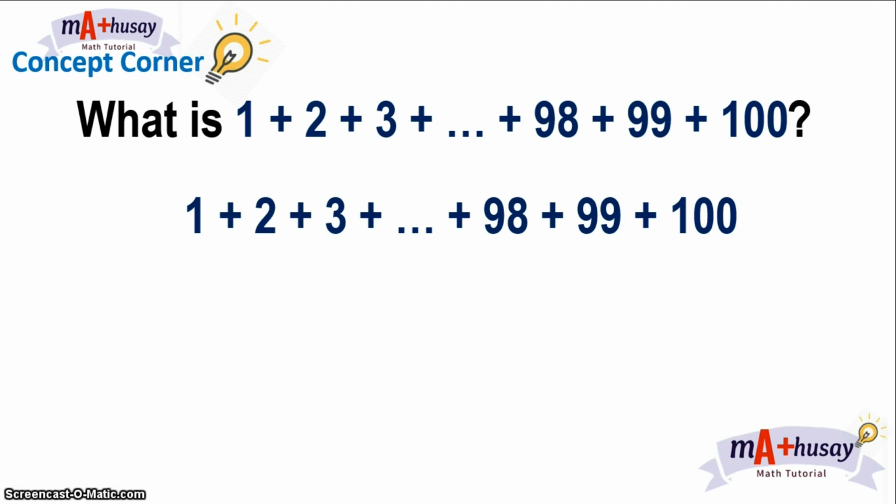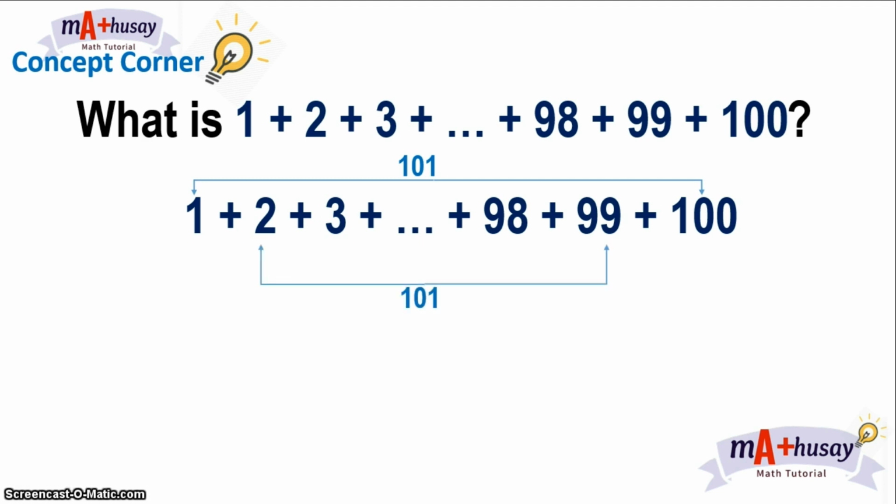When you add 1 and 100, you will get 101. If you get the sum of the next pair, 2 and 99, that will give you 101. If you add the next pair again, 3 and 98, you will get 101.